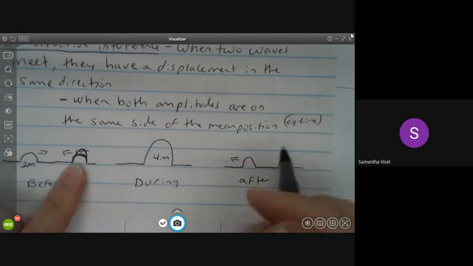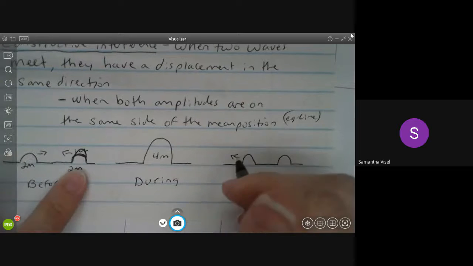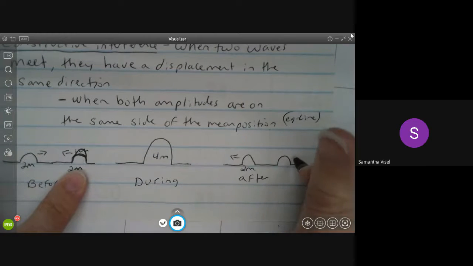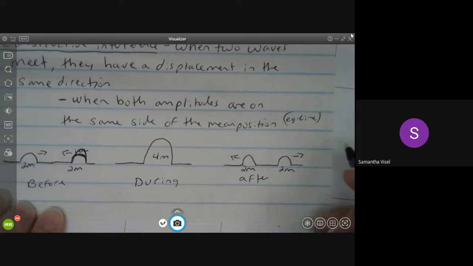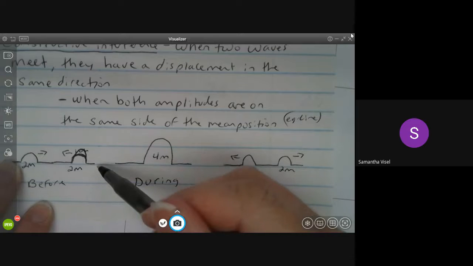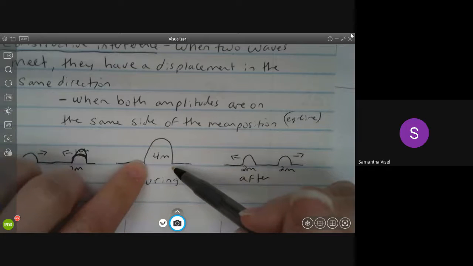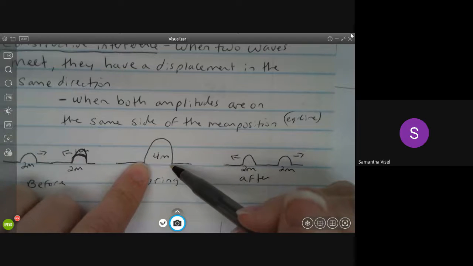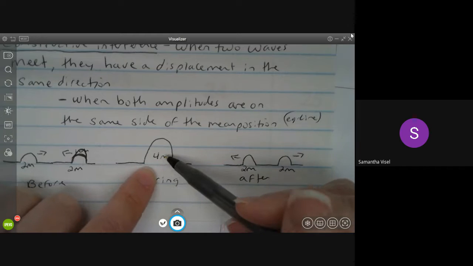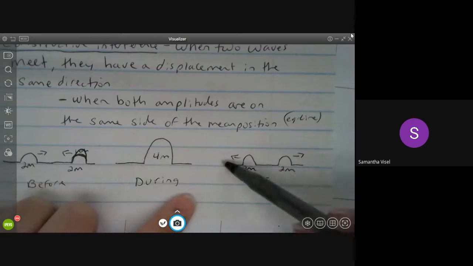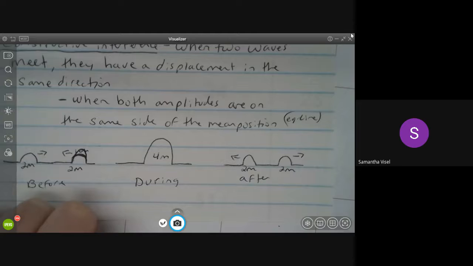So this one that was heading to the left will continue to move to the left. And this one heading to the right will continue to move to the right, but they will maintain their original displacements. So 2 and 2 on the same side, they meet up and build for a split second, have a resultant of 4 meters, and then they are going to pass through each other and keep traveling along the medium.